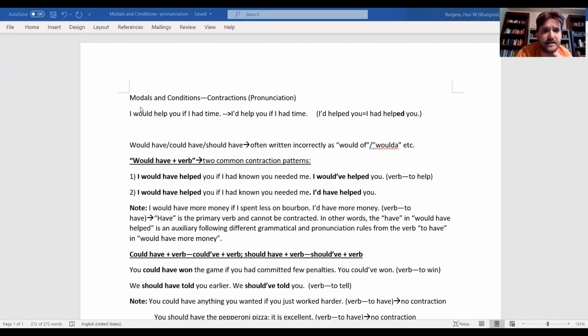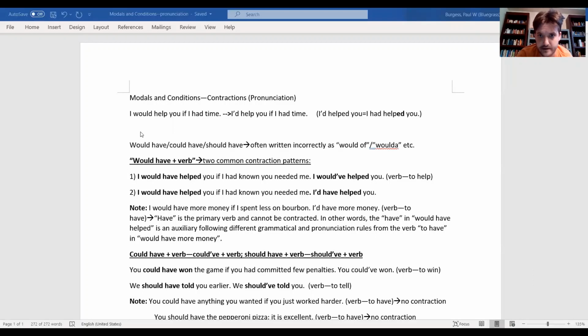All right, so right now, you see that I'm sharing my screen here. When we look at this, we see several different things to look at. Notice on this first part, I would help you if I had time becomes I'd help you if I had time. I think that's a contraction most of us already know: would in present or future unreal conditions becomes I'd, you'd, he'd, we'd, she'd, they'd.